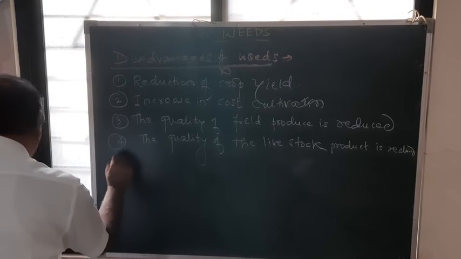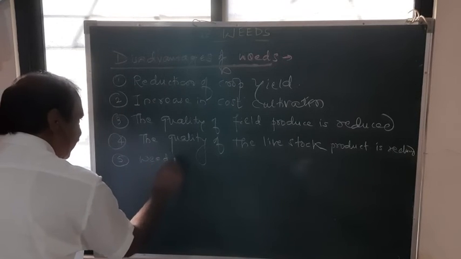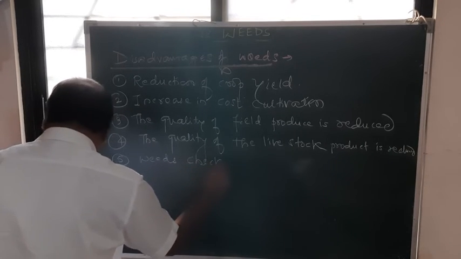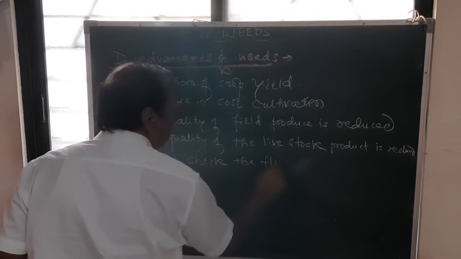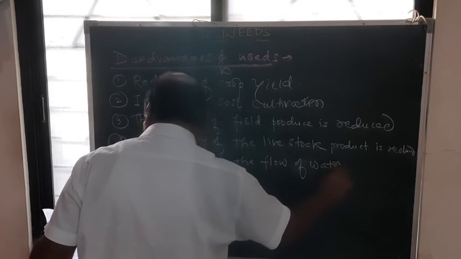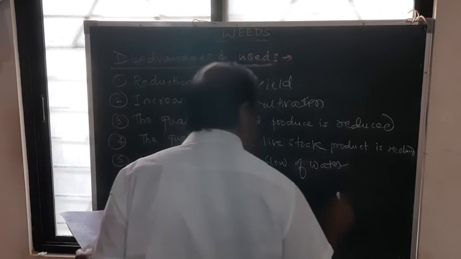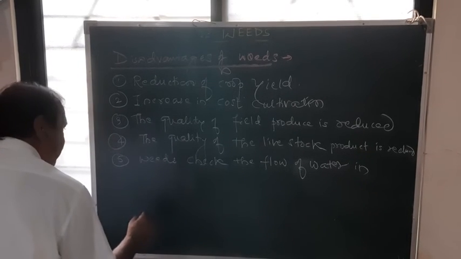Then fifth, weeds check the flow of water in irrigation canals.